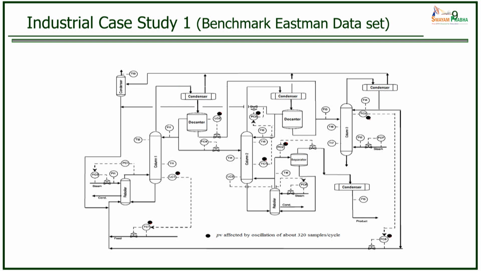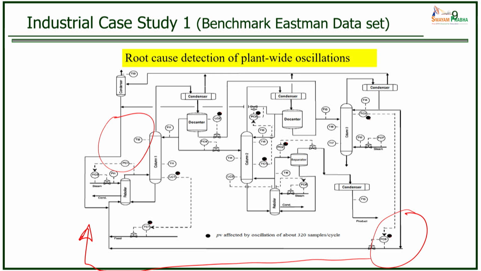It's important to remind you that in a highly integrated process flow sheet, oscillations need not simply start upstream here and propagate downstream. They can even start downstream, and because of recycle, they can show up upstream. So this is a tricky problem, and the analysis of data in the temporal and spectral domain helps you to shortlist variables that may be the root cause.